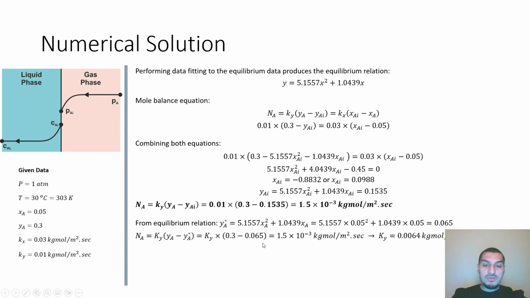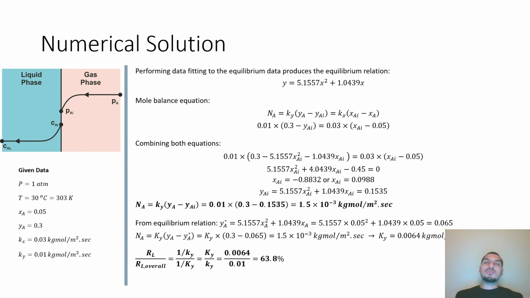So you can now calculate ky as a function of flux and the mole fractions y and y star. And then you can get the relative resistance in the liquid phase, which is going to be ky overall divided by ky individual, which is going to be almost 64%.